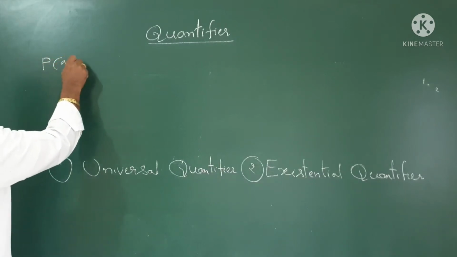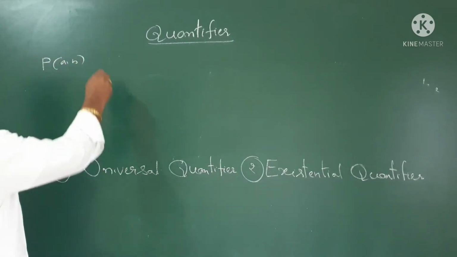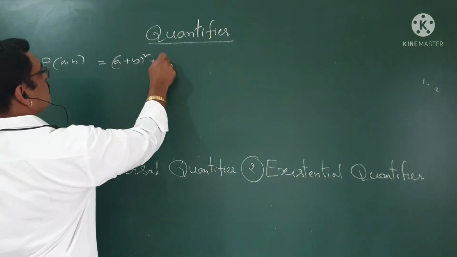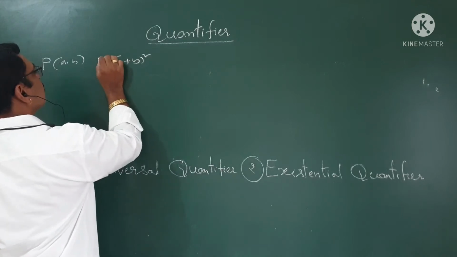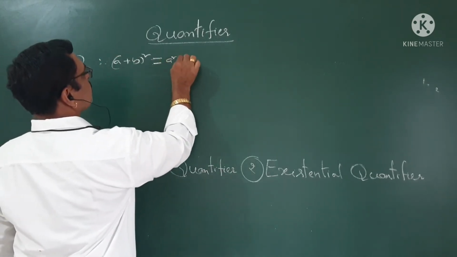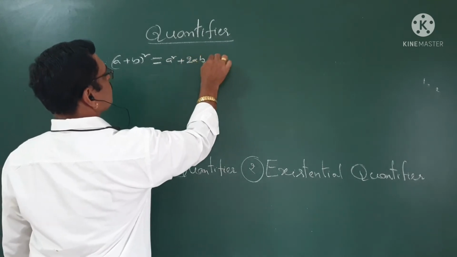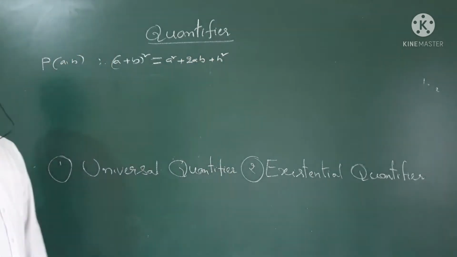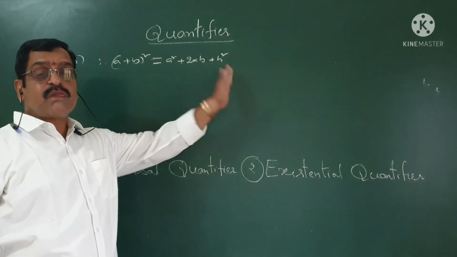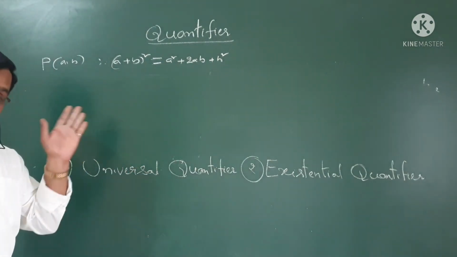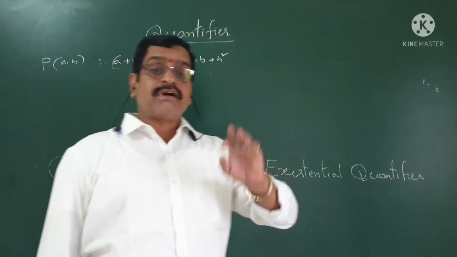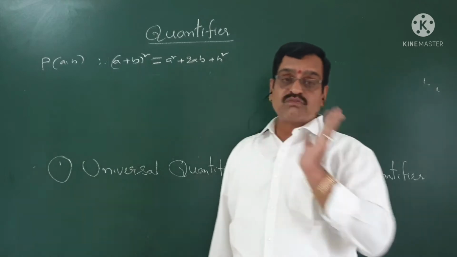P of a comma b is equal to, I write, a plus b whole square is equal to a square plus 2ab plus b square. Now we know very well that this expression becomes a statement for every pair a comma b belongs to real numbers.